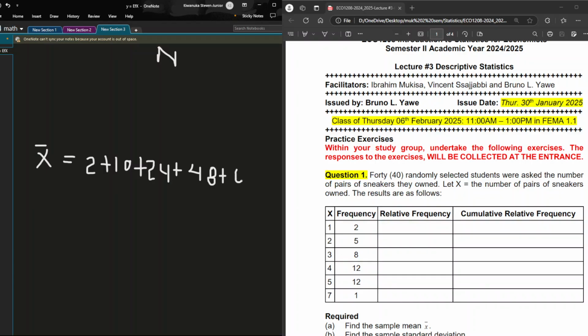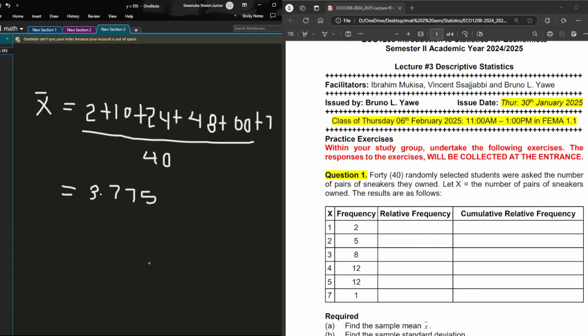I hope you guys are getting the same. Then we divide by their total f, which is 40, making our mean 3.775.